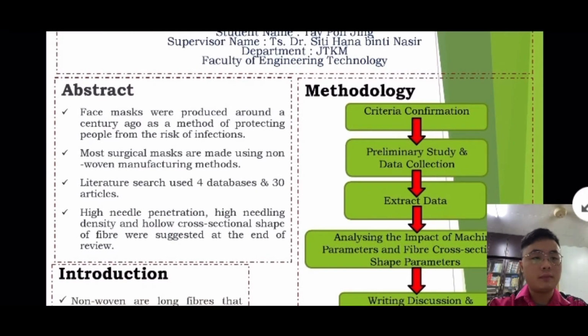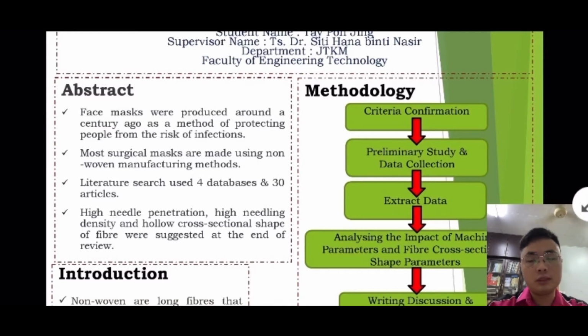Face masks were produced around a century ago as a method of protecting people from the risks of infections. Most surgical masks are made using non-woven manufacturing methods such as needle punch. This review study was conducted by searching for data from other research and compiling the data through a series of papers. The literature search used databases, which are Google Scholar, SAGE, ScienceDirect, and Elsevier, and 30 articles were identified.